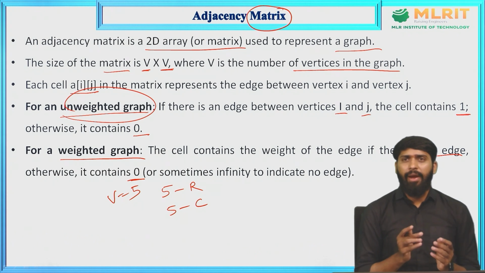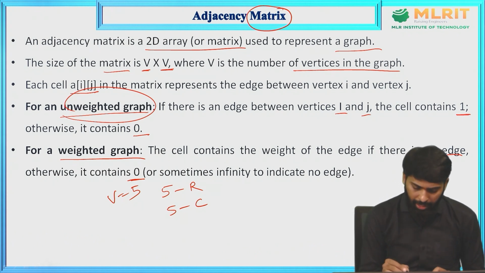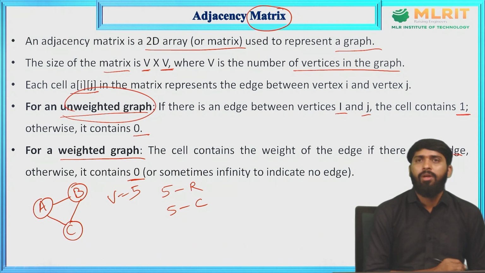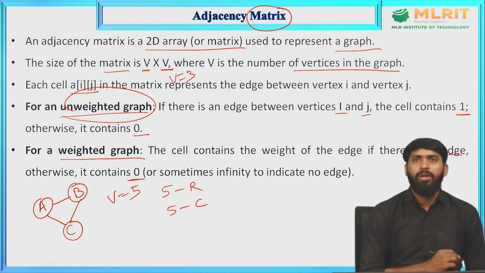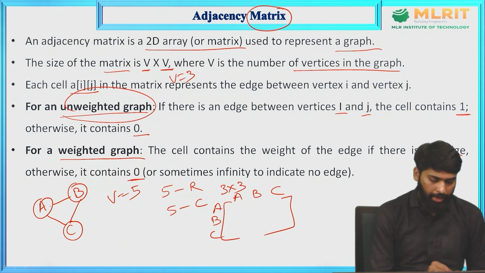So what is an adjacency matrix? An adjacency matrix is a 2D array. For example, consider this graph with vertices A, B, C. How many vertices? 3. So V equals 3 here. Consider a 3 into 3 matrix, with rows A, B, C and columns A, B, C. Is there an edge from A to A?